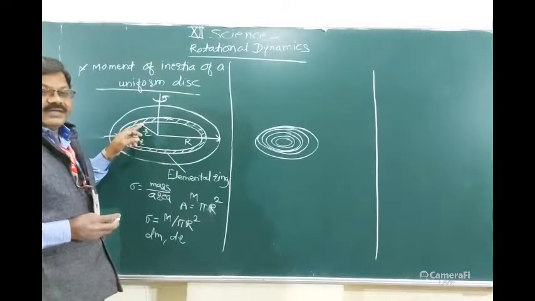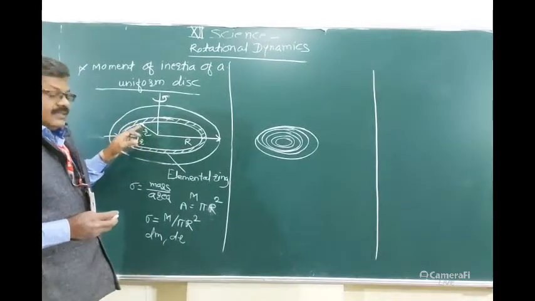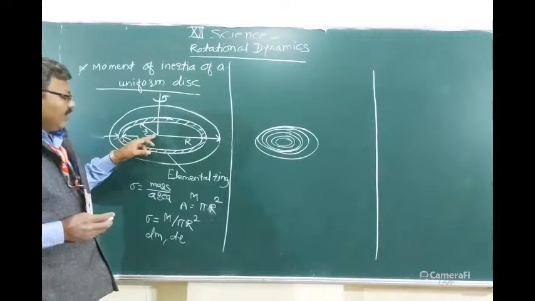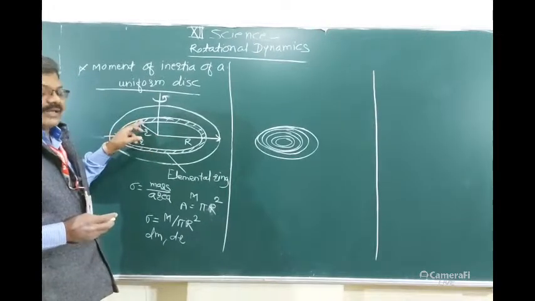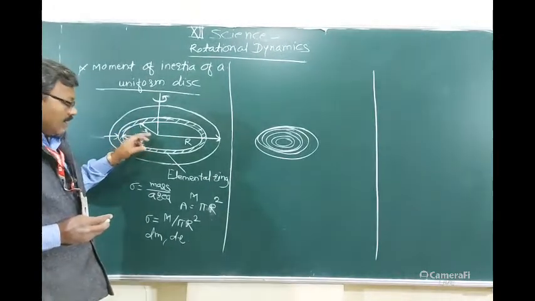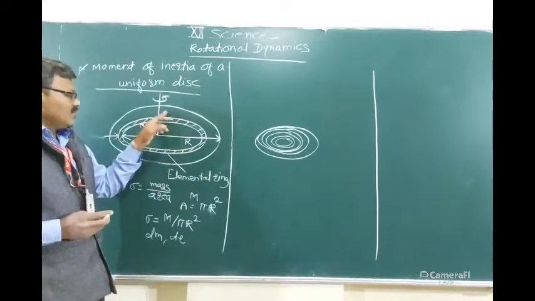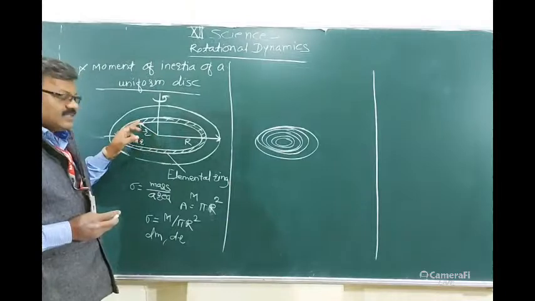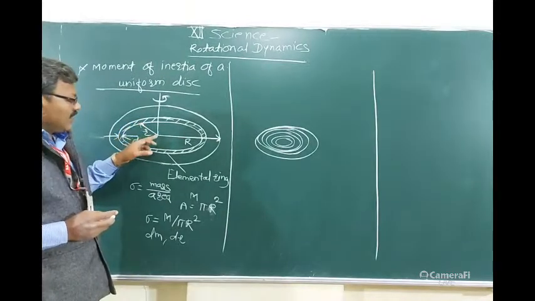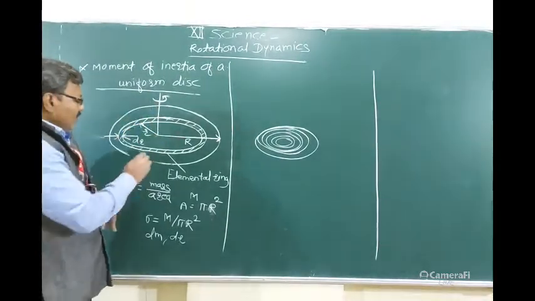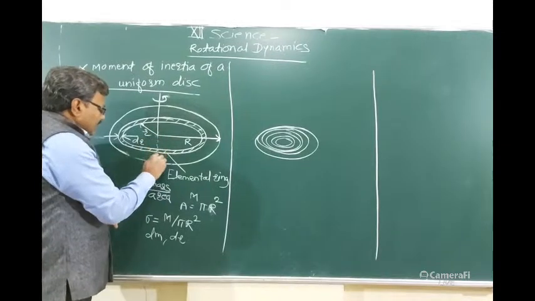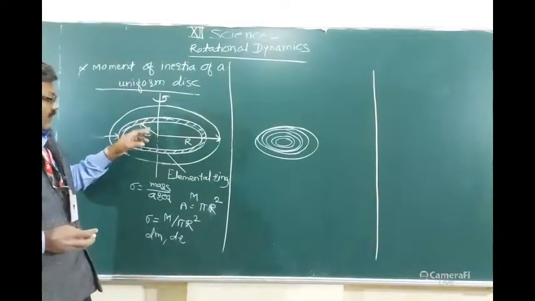Therefore, the average radius of this ring is considered as r. The entire mass of this ring is at distance r from the axis of rotation.